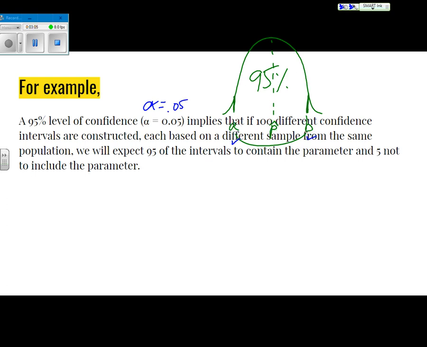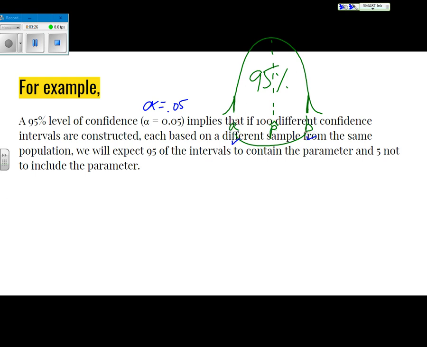That implies that if I was to go out and do 100 different confidence intervals, each based on a different sample from the same population, I would expect 95 of the intervals to contain the parameter and 5 to not include the parameter.